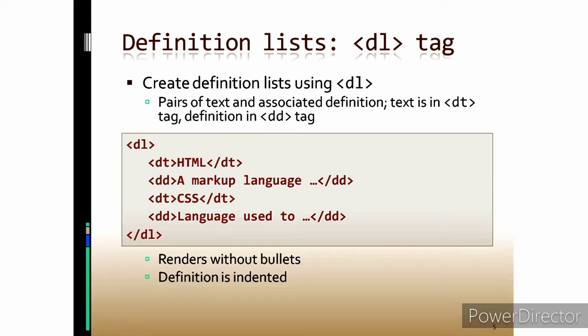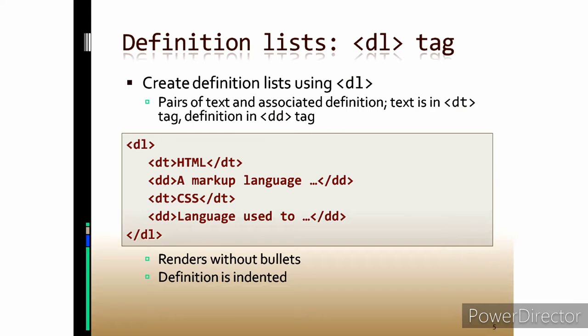Text is in the DT tag whereas the definition is in the DD tag. In a DL, that is the definition list, what is DT? The text. And what is DD? The definition.